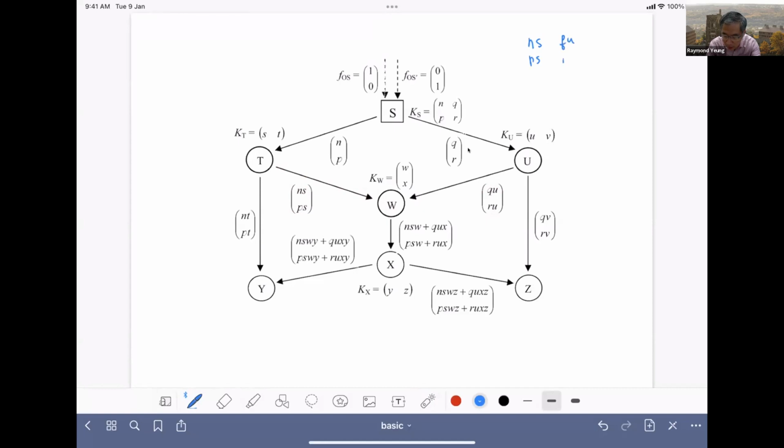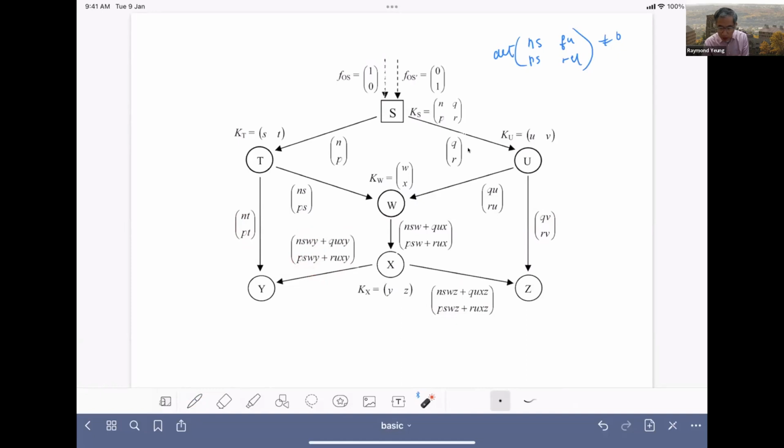QU and RU, so this is a 2x2 matrix, and we require the determinant of this to be not equal to 0. The same thing, we put these two column vectors together to form a 2x2 matrix, and we require the corresponding determinant to be non-zero. And again, we put these two vectors together to form a 2x2 matrix, and we require the determinant to be non-zero.